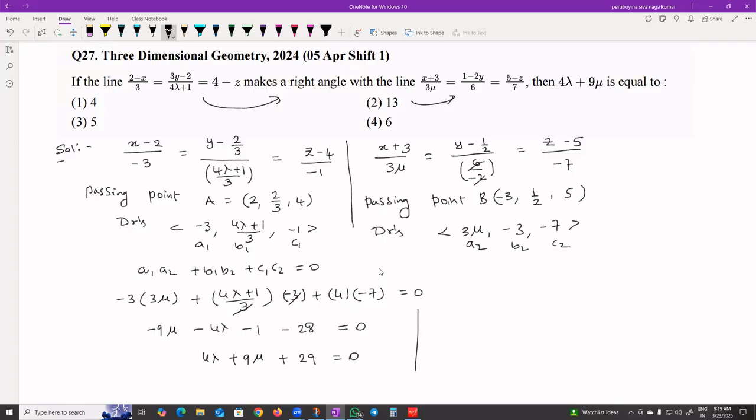So of course from this we will get 4 lambda plus 9 mu equal to minus 29 plus 7. Of course, then it will be plus 6. Yeah, minus 6. Plus 6 is correct for this question. Okay, understood?